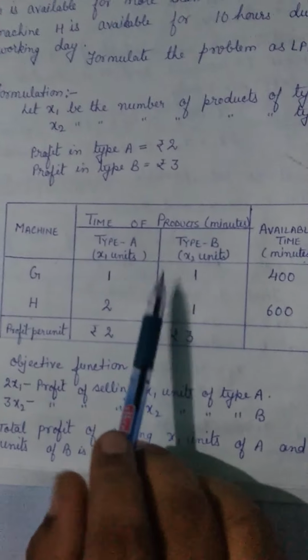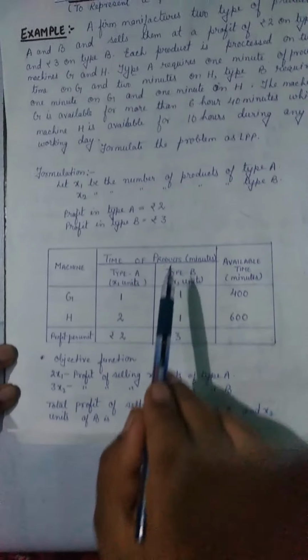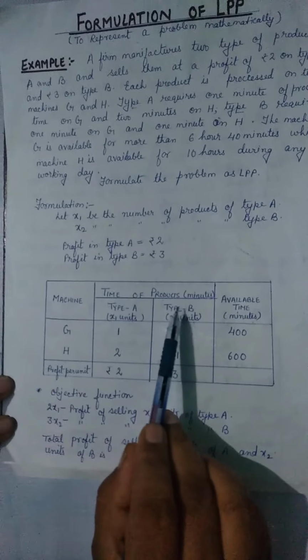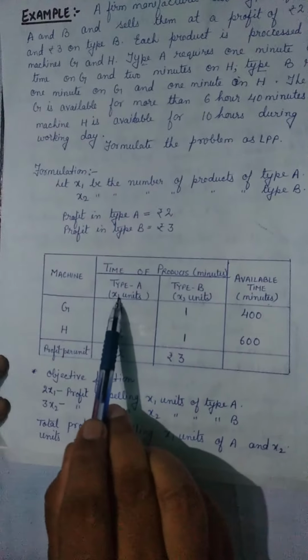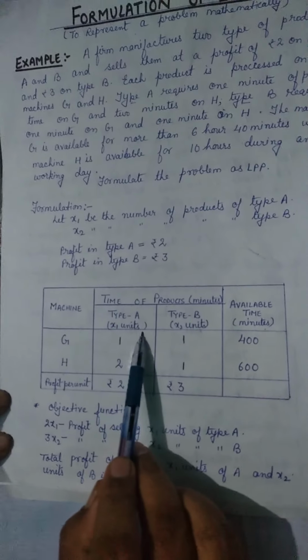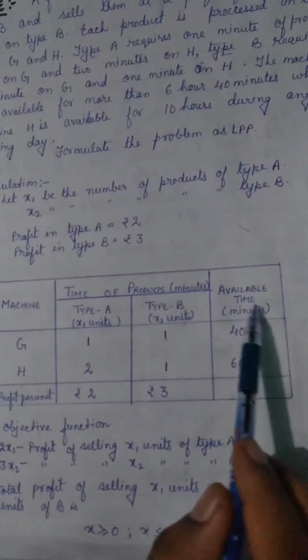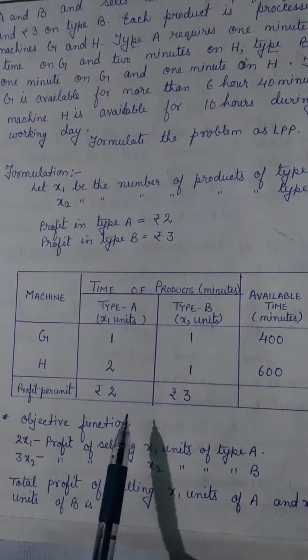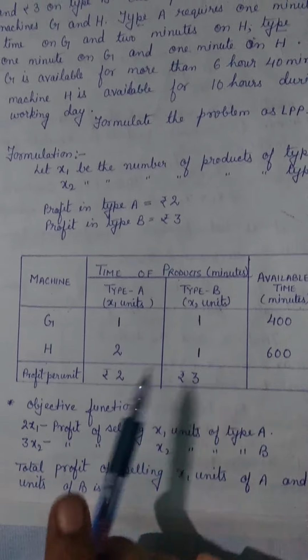So it has 4 columns. In the first one, machine G and H. The second one, time of products is given in minutes, type A and type B. For type A, x1 units and type B, x2 units. Available time is given in minutes and profit per unit is written at the bottom.